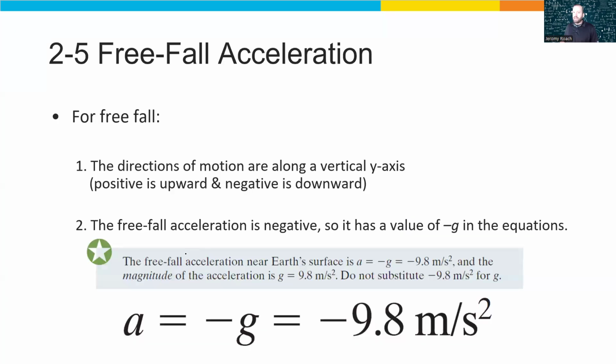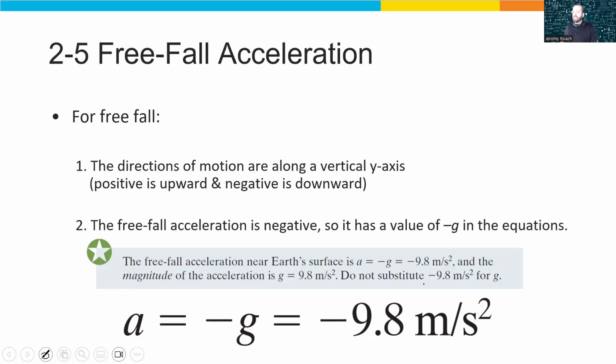Now let's take a look at that a little bit more in this slide here. Acceleration in free fall is negative g because something is going down. And so A equals negative g, which equals negative 9.8 meters per second squared. G itself alone equals 9.8.